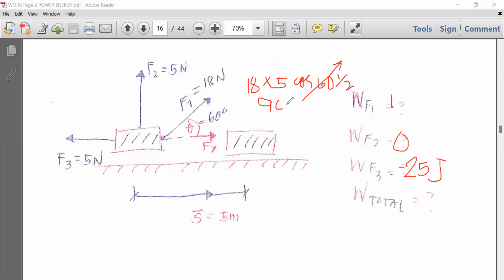And then multiply that by 1/2. So 1/2 of 90 is 45. So there's positive work done there, 45 joules. So 45 joules plus 0 minus 25 is equal to 20. Positive work, 20 joules of work. So a total of 20 joules of work is done on these objects, okay?